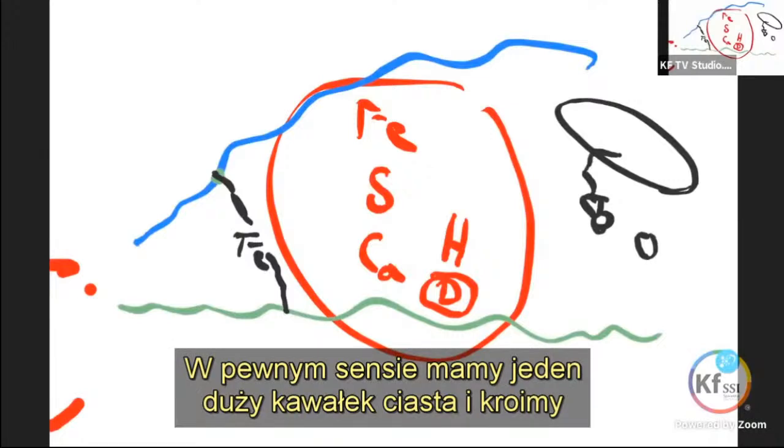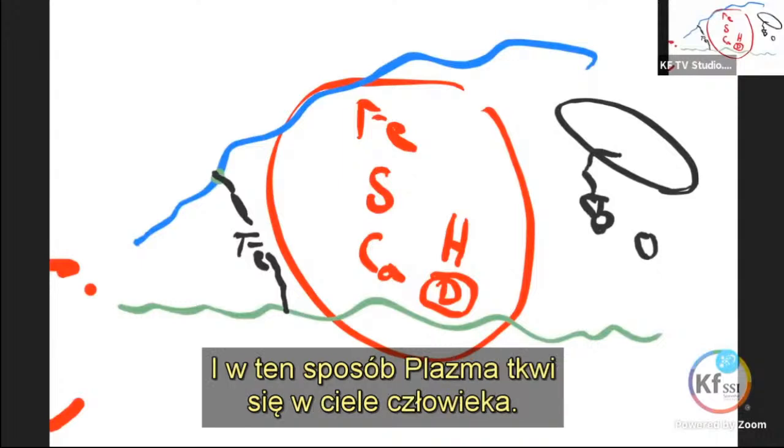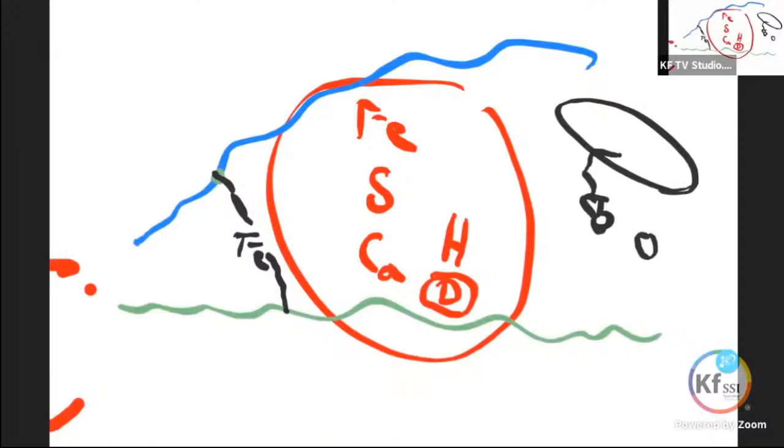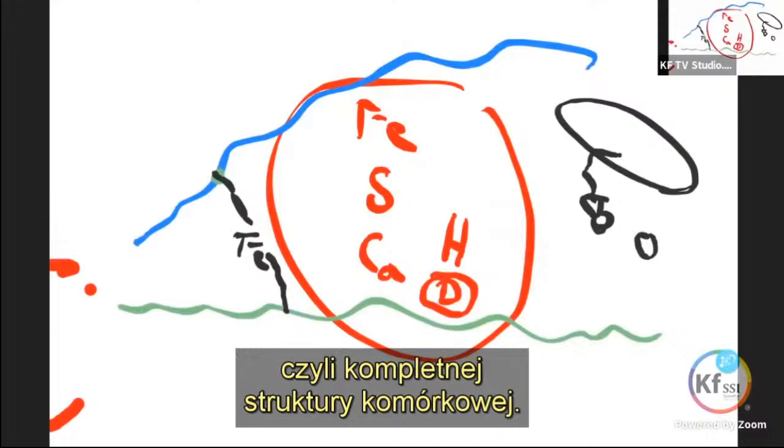In a way, we have one big piece of cake and we cut it to small and medium or whatever we like. And this is the way the plasma sits in the body of man. All plasmas, in essence, are very much like deuterium, a complete cell, a structure.